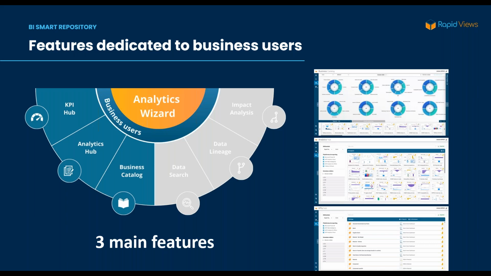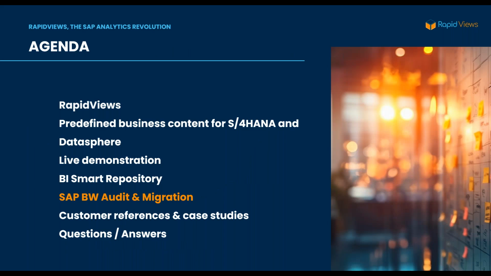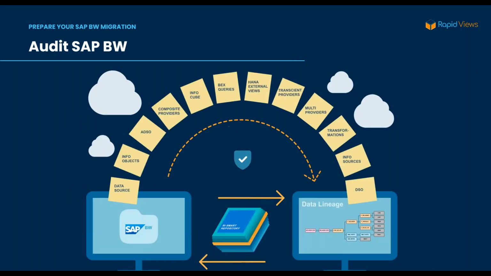To illustrate this BI Smart Repository, we are going to show these samples, but by talking about BW, because this BI Smart Repository platform is also developed for the BW community.